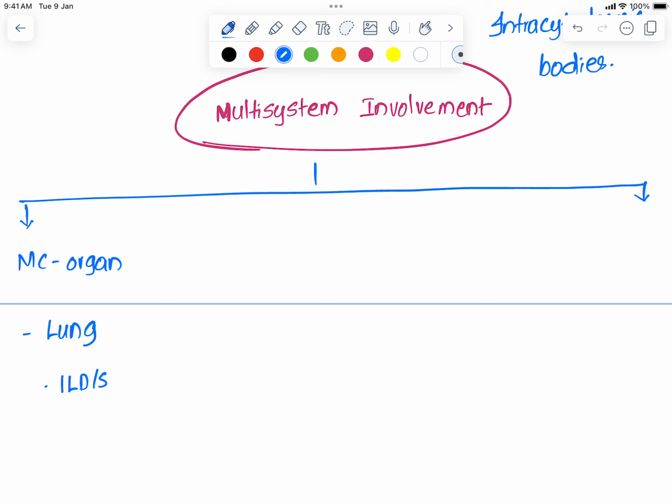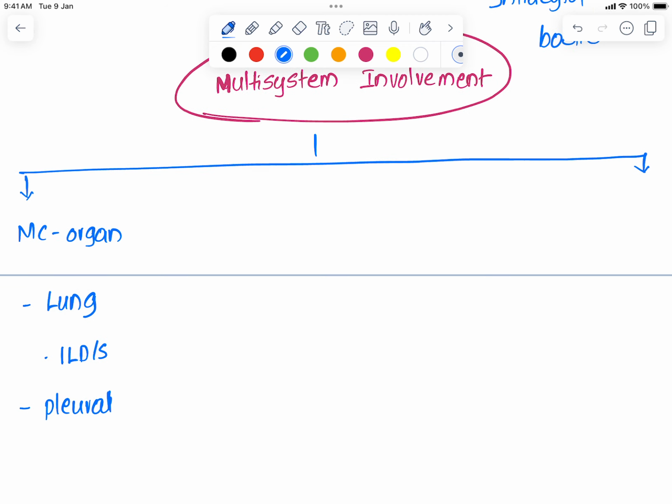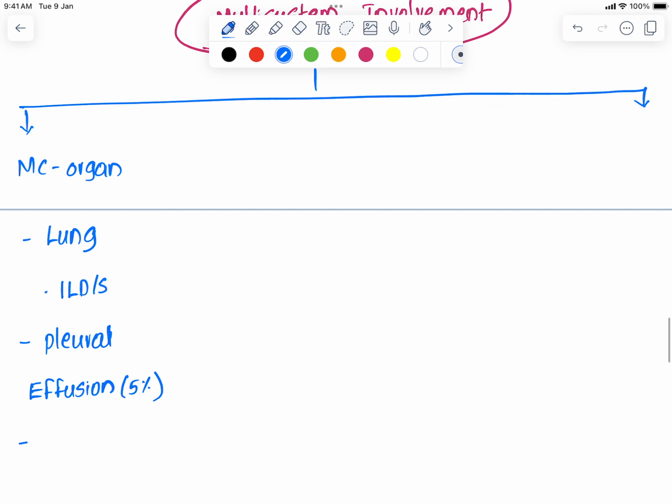Followed by that, you have pleural involvement, in the form of pleural effusion, and this pleural effusion is seen only in 5% of patients. And cavity formation is one of the rare features in patients with sarcoidosis.